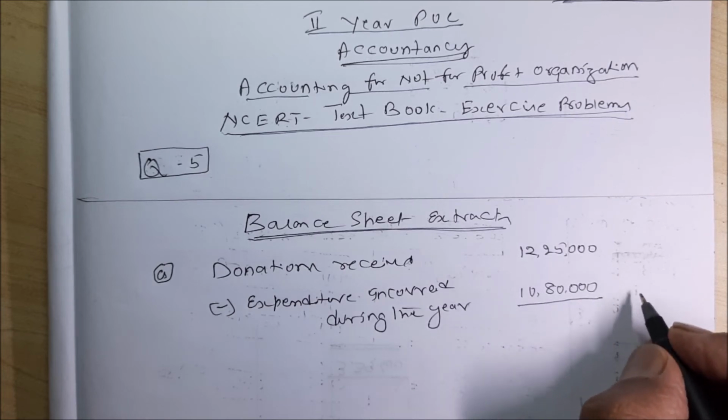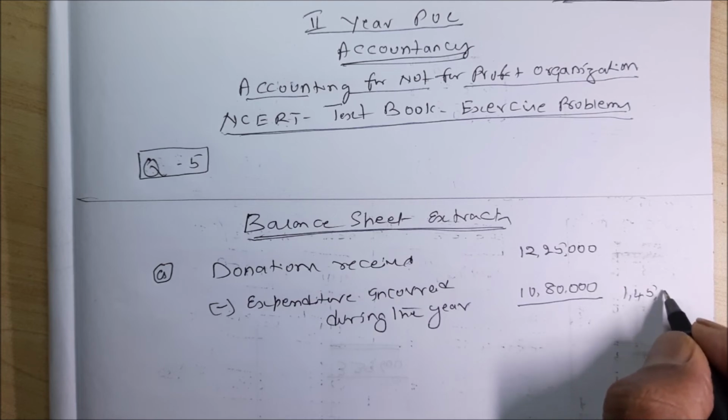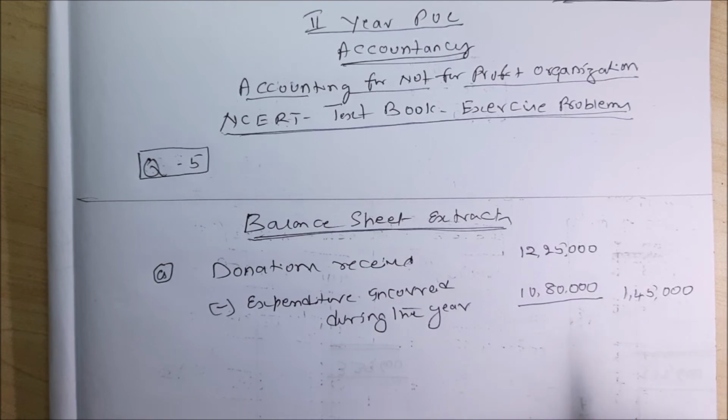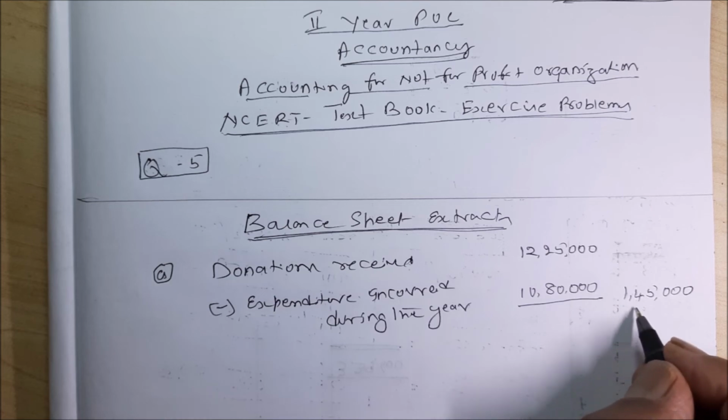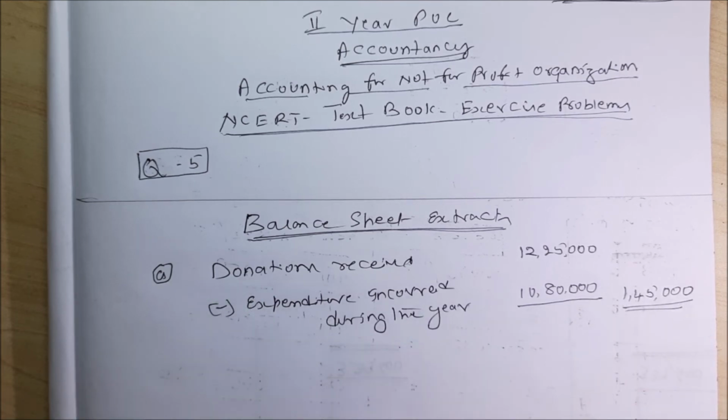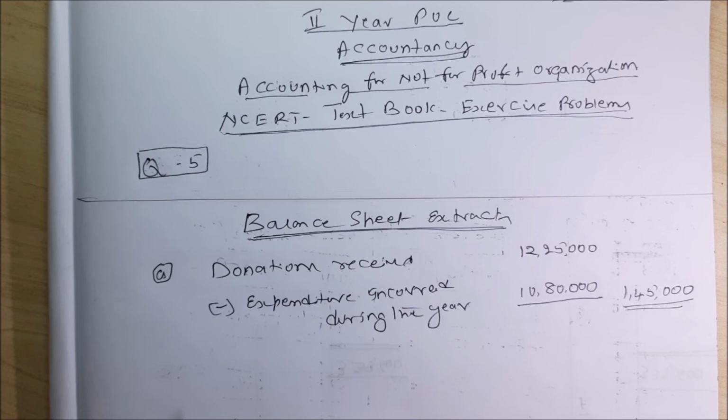So balance available is 1,45,000. 1,45,000 balance available under special fund, right?